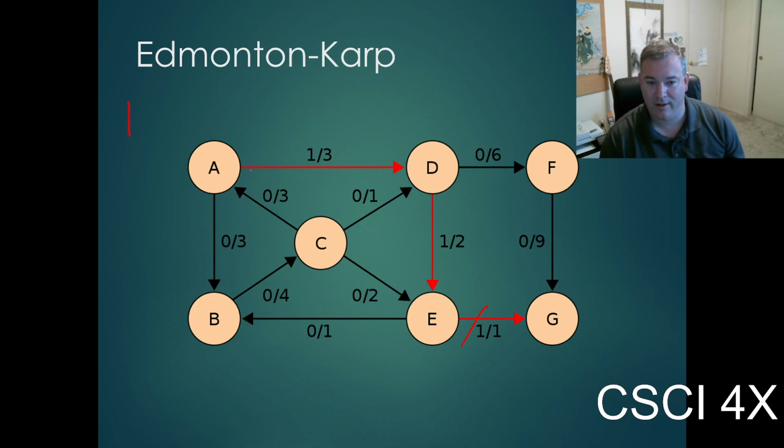Once you find the shortest path, you figure out what the max flow of that path is. Do you see how the max flow of this path is 1? Why is the max flow of this path 1? Vargas?